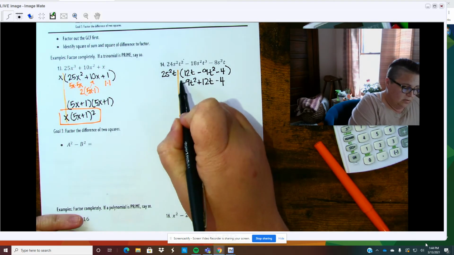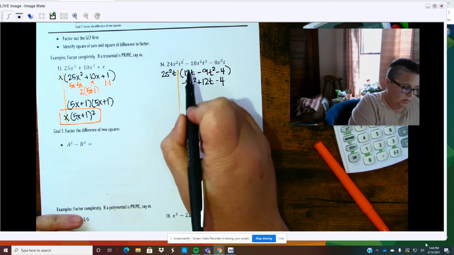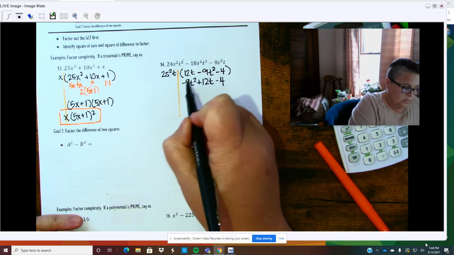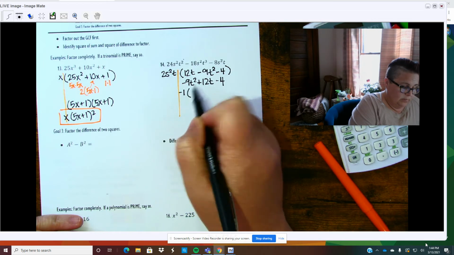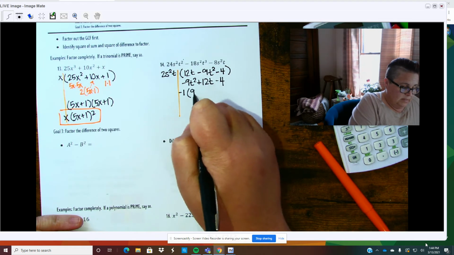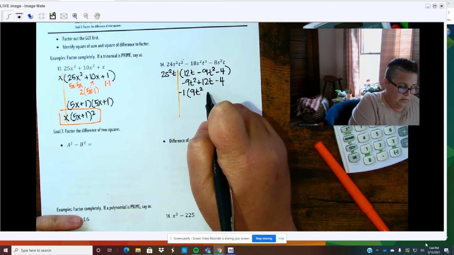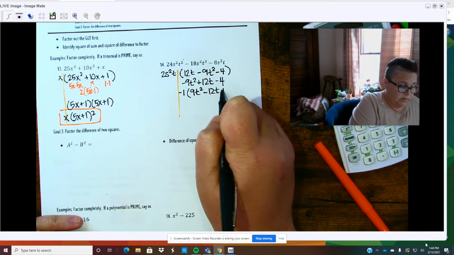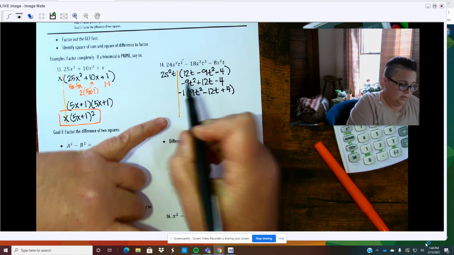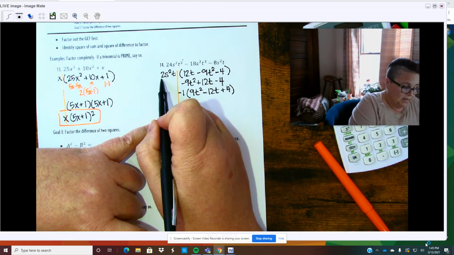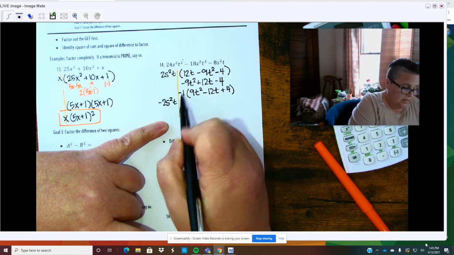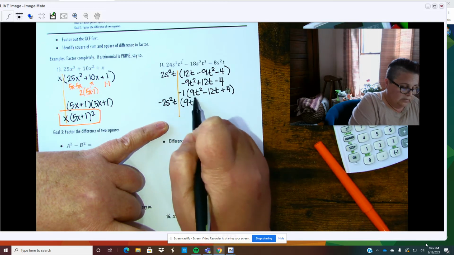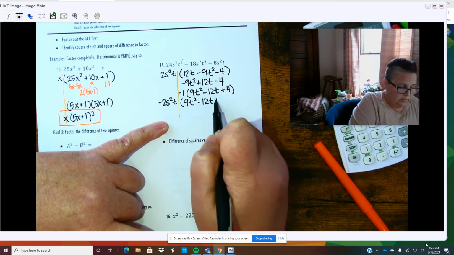I don't like that. So I'm going to pull a negative 1 out. And that's going to give me 9t squared minus 12t plus 4. So now I'm going to take that negative 1 times all of this for negative 2s squared t times 9t squared minus 12t plus 4.